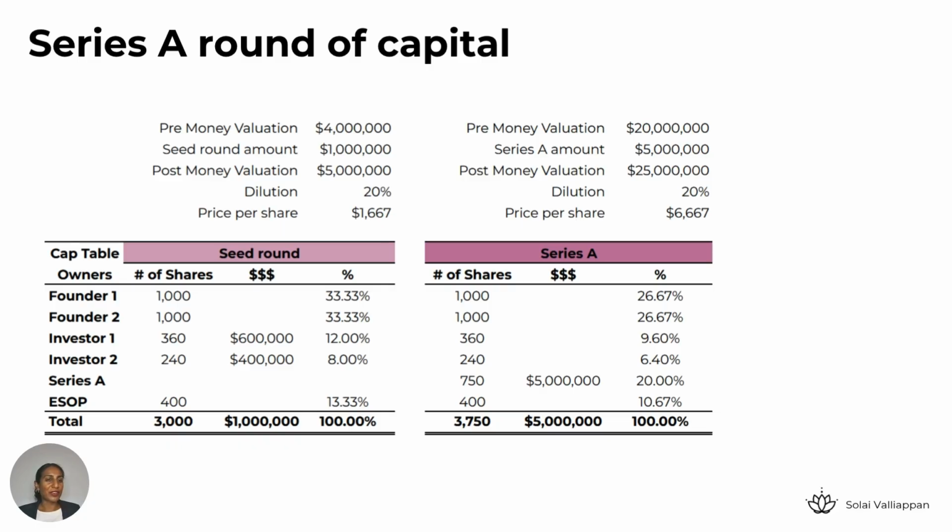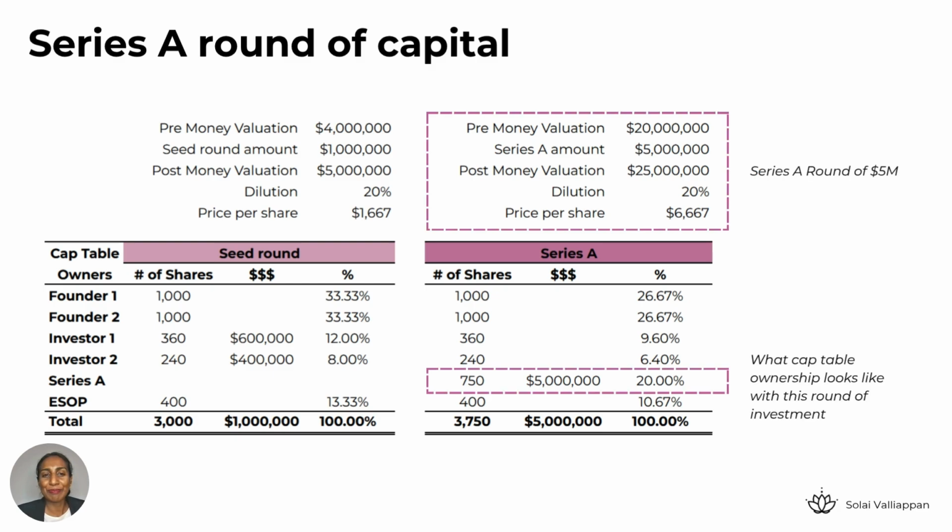So, congratulations. You're growing rapidly and you're ready to do your next round of capital, and you're going for a Series A. We're going to step through this. For the Series A, you want a $5 million amount at a pre-money valuation of $20 million. Again, this is a dilution of 20%.